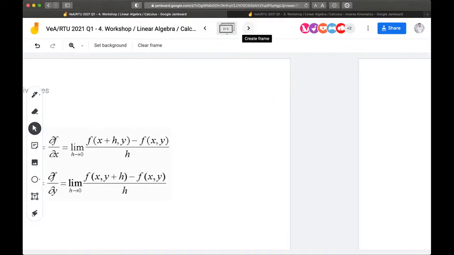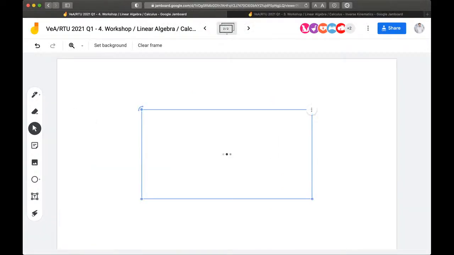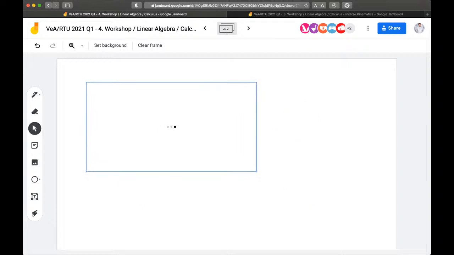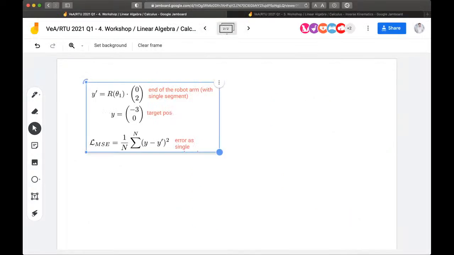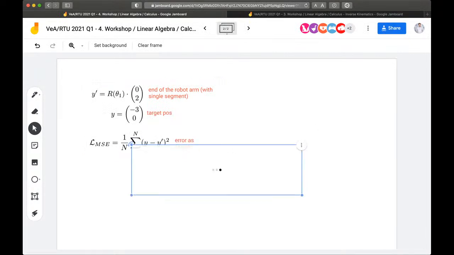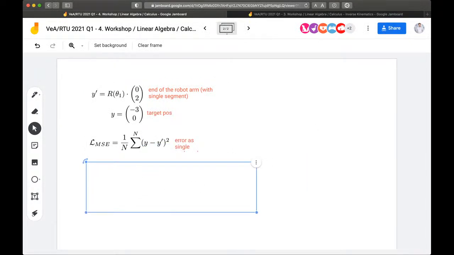So here, let's drop it in the second slide. This will be one of the equations. Of course, then we also need this equation for changing the parameters, the stochastic gradient descent, the simplest procedure for changing the parameters.